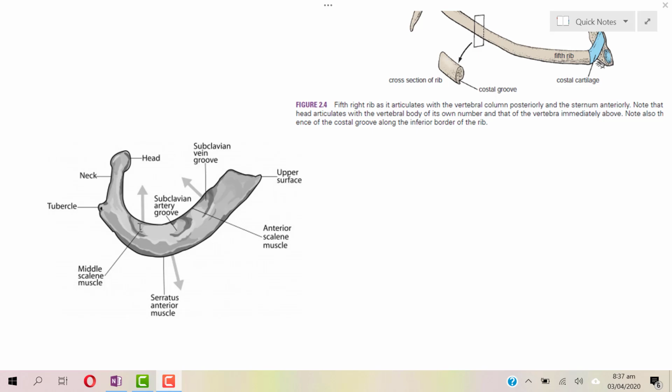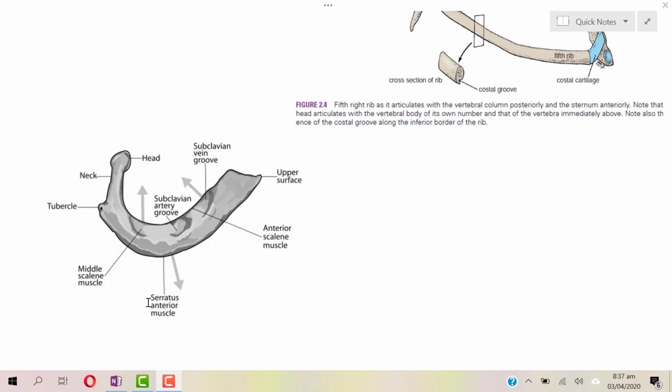Then there is an attachment behind the subclavian artery for the scalenus medius muscle, and another on the outer border for the serratus anterior muscle.